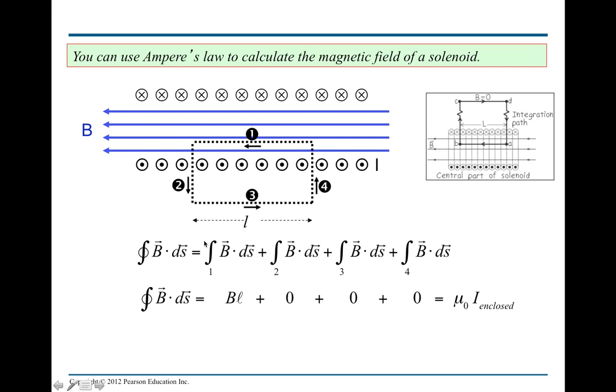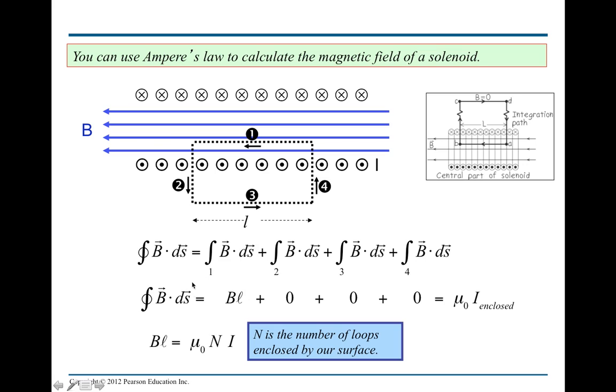And so the only contribution I'm going to have is from segment number 1, which is BL. dS is simply the length L, and that is equal to mu I enclosed, the current enclosed by that. So BL is equal to mu times N, where N is the number of turns, because I enclosed is for one loop.